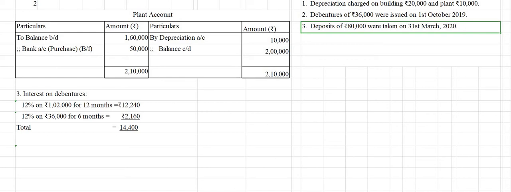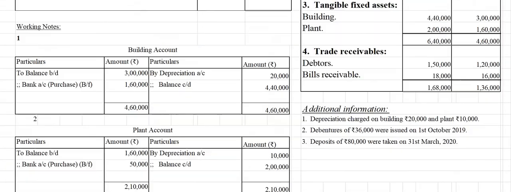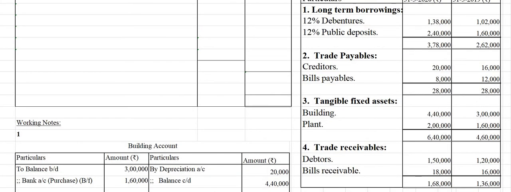Now let us see. Deposit rupees 80,000 were taken on 31st March 2020. So since it is taken on the last date of this current year, this 80,000 is not to be taken. We have to calculate interest for the opening balance only. So interest on public deposit, opening balance is 1,60,000.